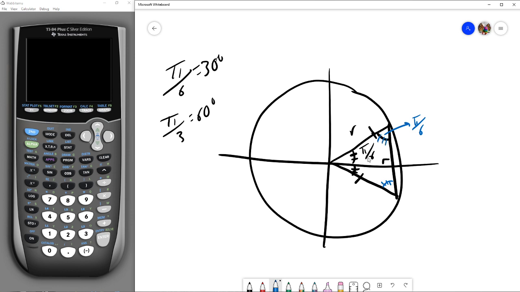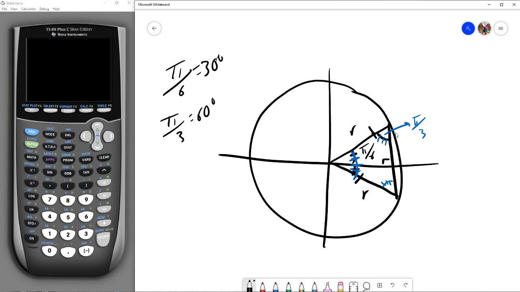So when we think about our overall triangle now, we have an equilateral triangle because this angle is 60, 60, 60, or pi over 3, pi over 3, pi over 3. I just realized I wrote pi over 6. That should have been pi over 3. Silly me. With this, we already mentioned that this is r.